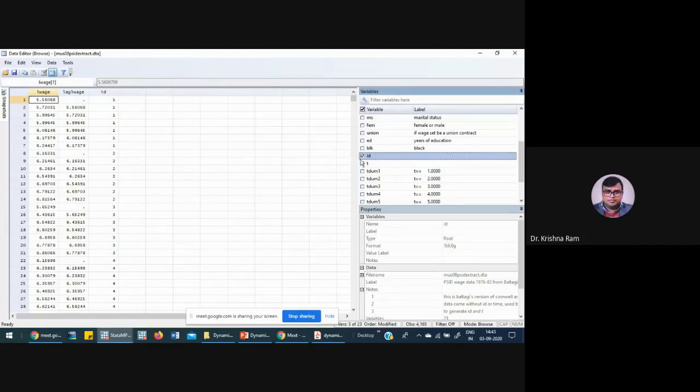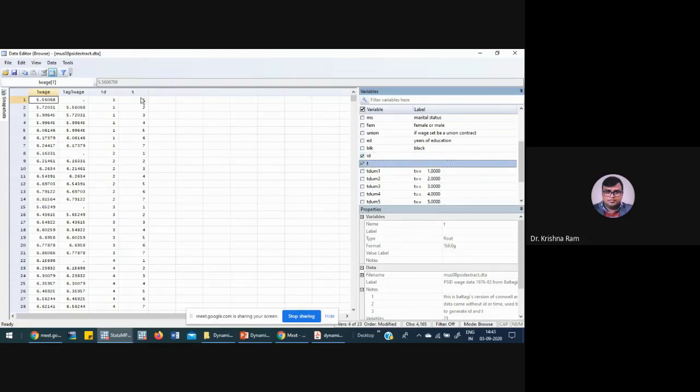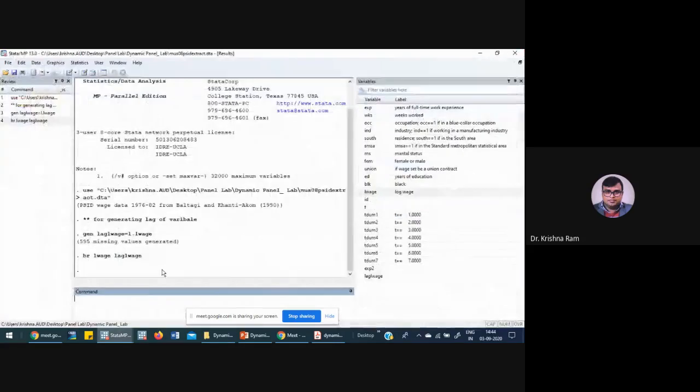Since this is the time period, T 1, 2, 3, the first period data for each cross-sectional unit in the lag value of log of wage is missing. So that means this command is giving us the correct result.